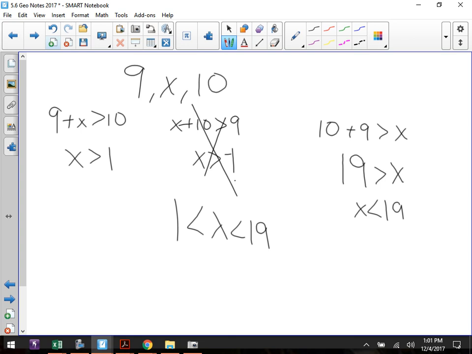Now look at the numbers that you started with. 9 and 10. How did I get 19? How did I get 1? Yes, I added them and subtracted them. So what do you think the shortcut would be? Just add them, subtract them.